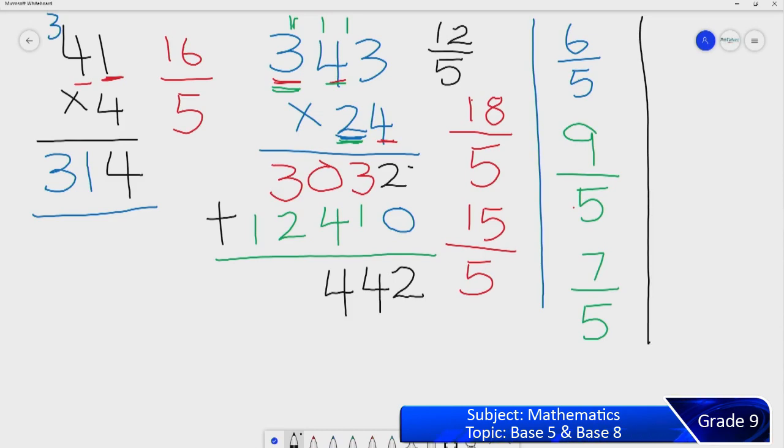Let me just draw this line to not confuse you. So we put a 5 outside, divided by 5. 5 into 5, 1. Put a 1 there. We have 0 remaining. So now we have this 1 plus 1 would give us 2.